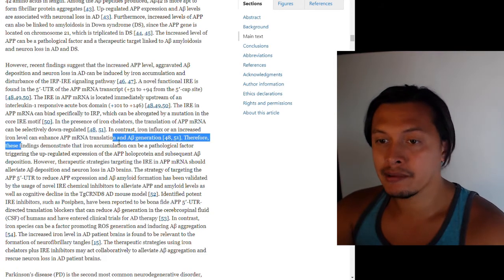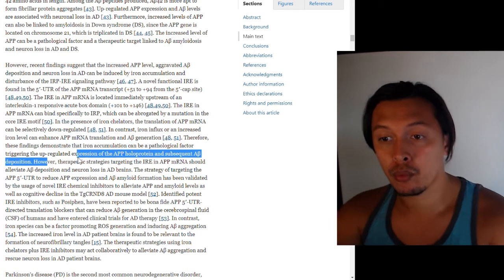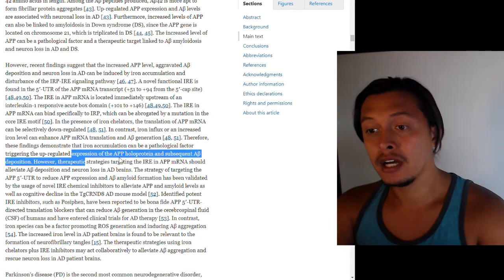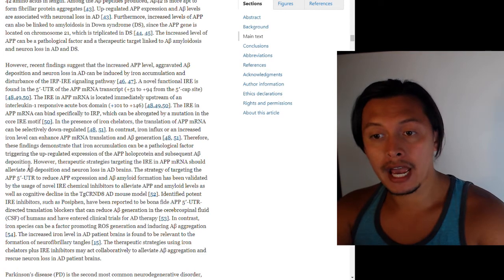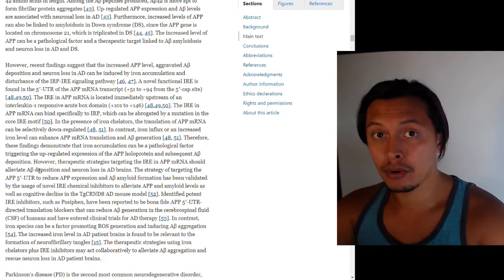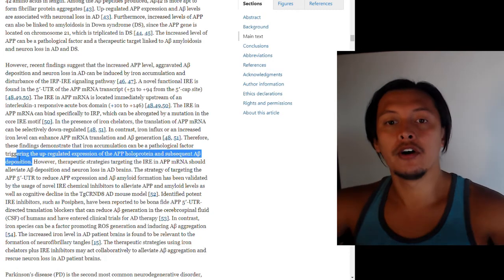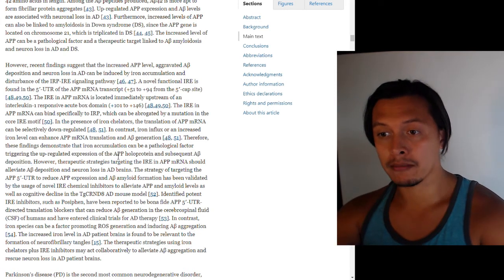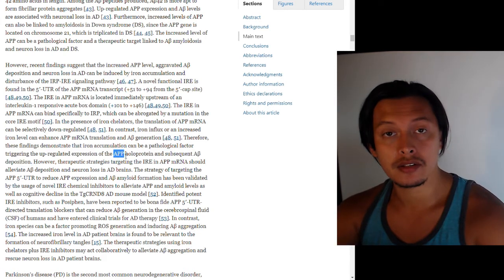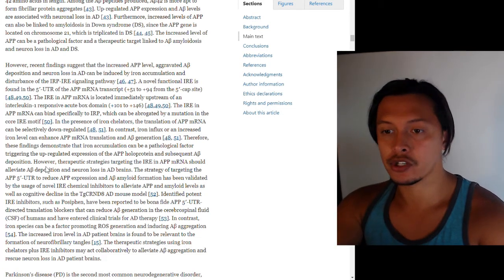Therefore, these findings demonstrate that iron accumulation can be a pathological factor triggering the upregulated expression of the APP holoprotein and subsequent amyloid beta deposition. So if too much iron is getting into the brain, it is possible that through this dysregulation process you are having more amyloid precursor protein being synthesized, which can then result in more amyloid beta deposition.